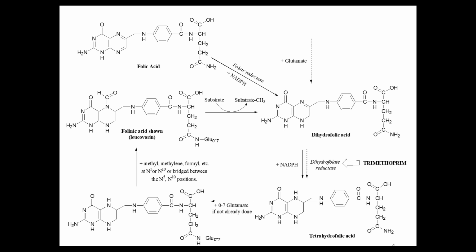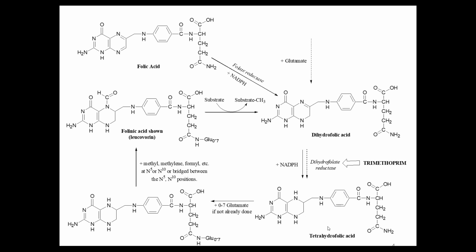So you see over here, there are steps which are involved in the formation of tetrahydrofolic acid, which is going to form the base for DNA and RNA synthesis. And especially in pregnant women, folic acid deficiency should not be there. Otherwise, the child is born with a defect called spina bifida. So this tetrahydrofolic acid has a major role in DNA building activity.